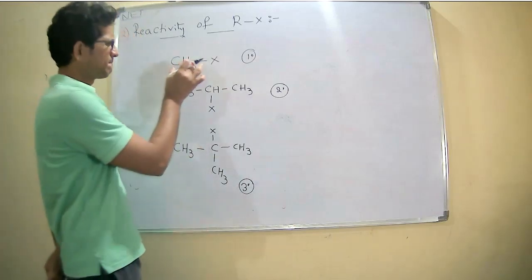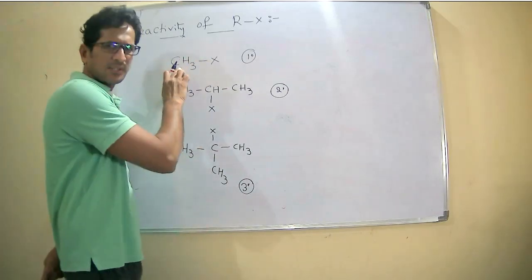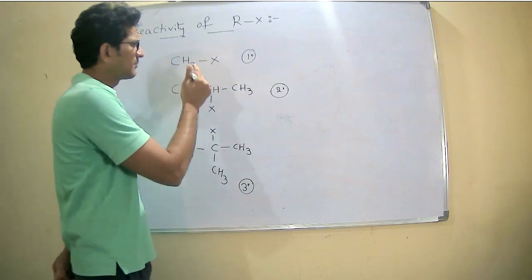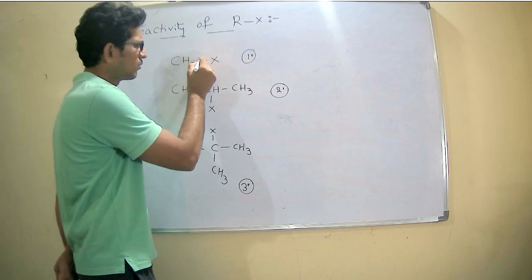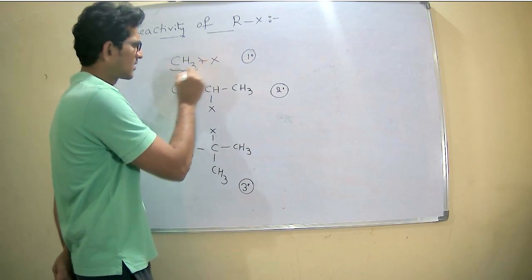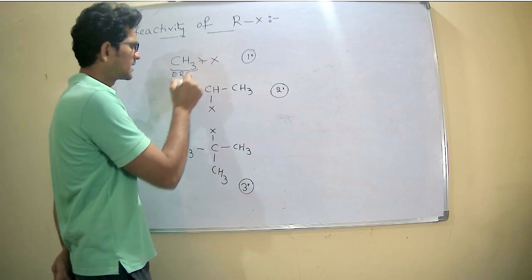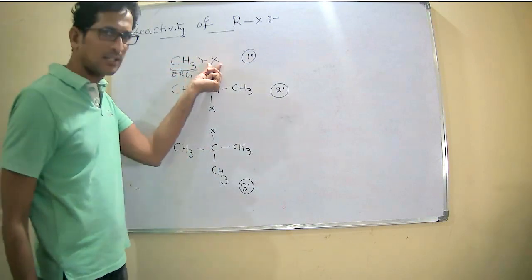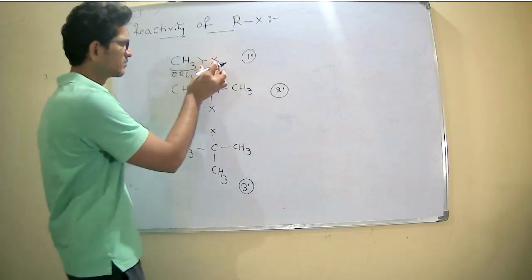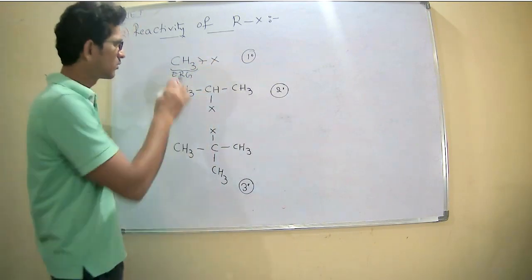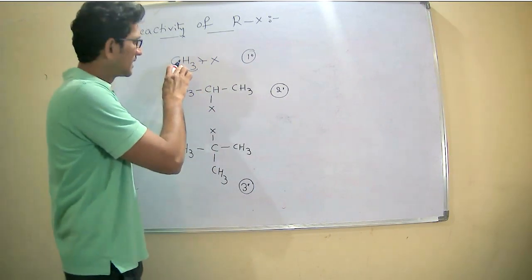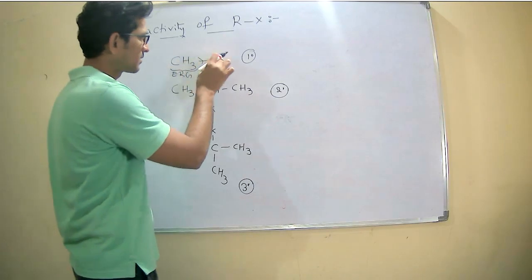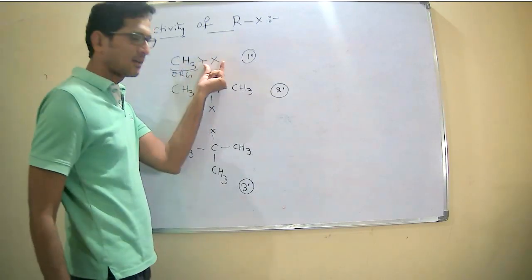Right, see here, in this what happens, carbon is directly attached to the halogen, which is a more electronegative atom. Therefore, once the CH3 is an electron releasing group, which donates electrons to the more electronegative halogen, the electron density decreases at this carbon because all the electrons are transferring towards the halogen.